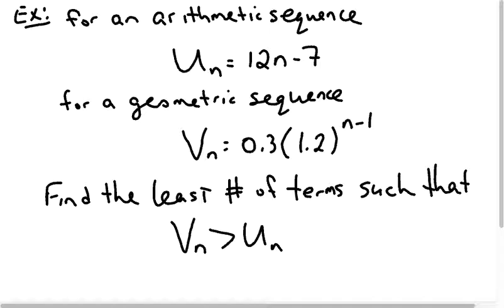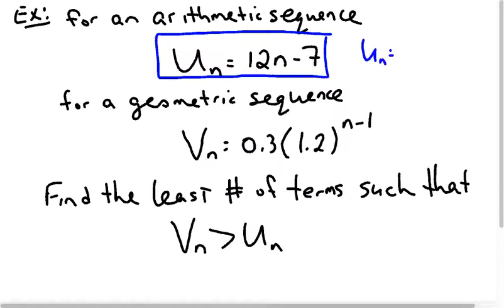If I have an arithmetic sequence, so here's my arithmetic sequence. Now, this is simplified already. Right? This did start out initially as u sub n equals d parentheses n minus 1 plus u sub 1. But it was simplified. I have a geometric sequence.